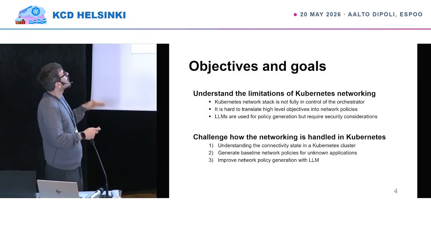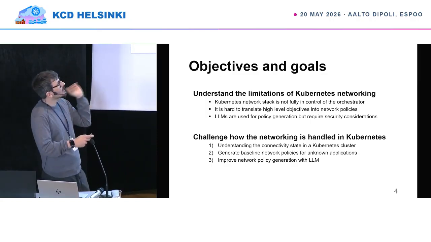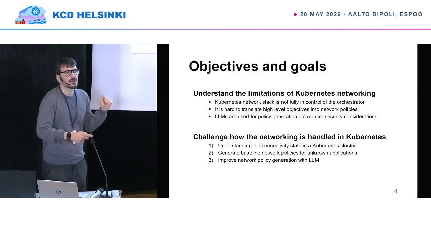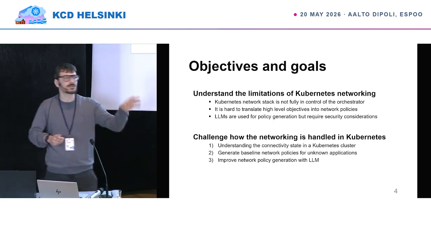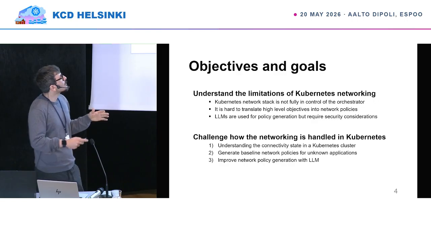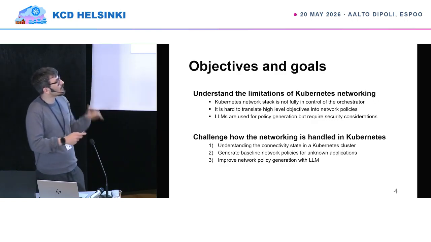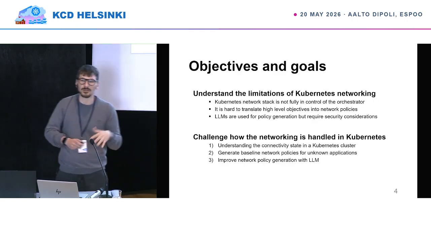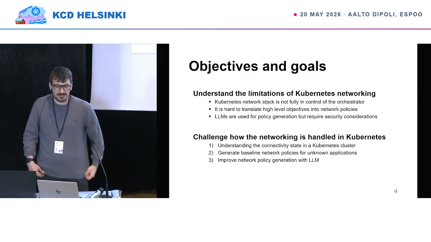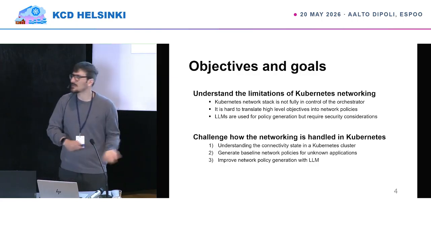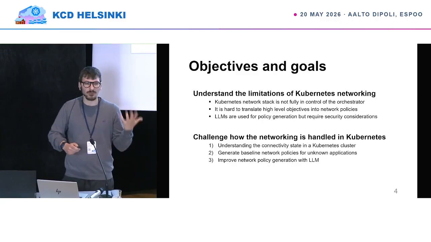Then we will also have a goal to generate baseline network policies for those unknown applications. We can think about them as Helm charts. And finally, we want to challenge and improve the way network policy generation is handled via LLMs or large language models. But since we are researchers, we always start with background.